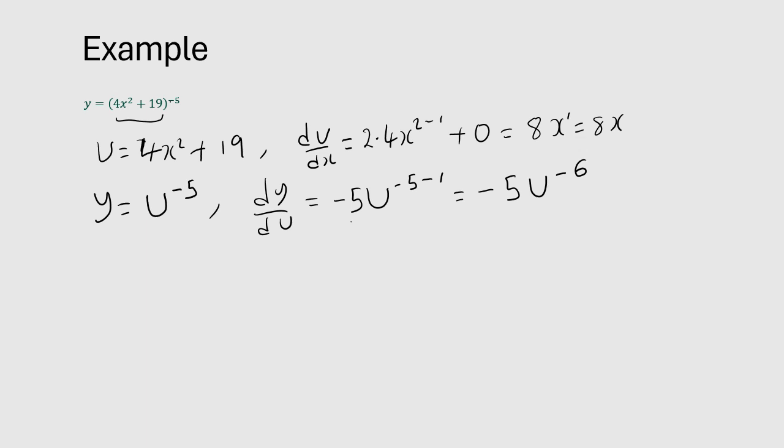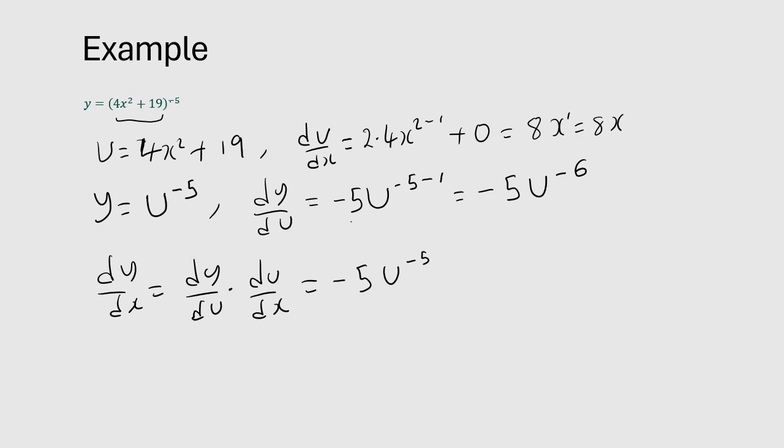So now we can use our formula. If you remember, our formula is dy over dx is equal to dy over du times du over dx. So our dy over du is minus 5u power minus 6 times du over dx, which is 8x.